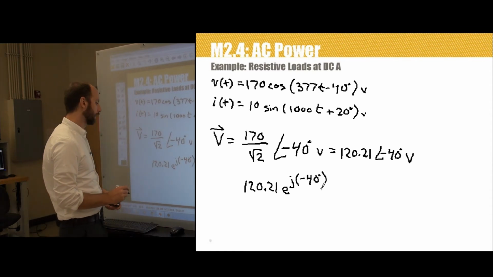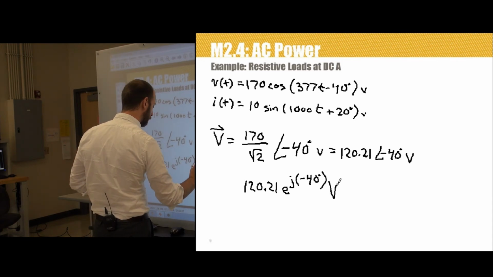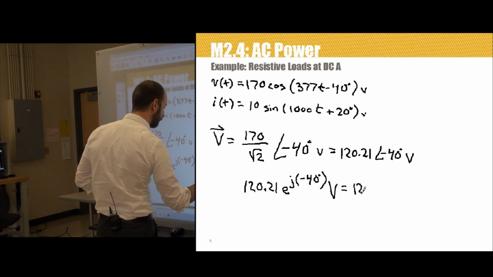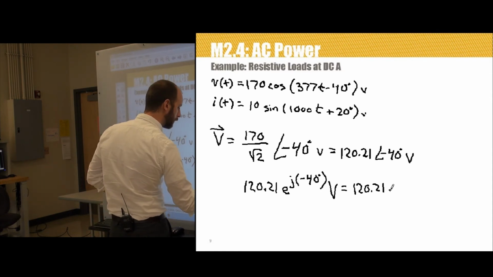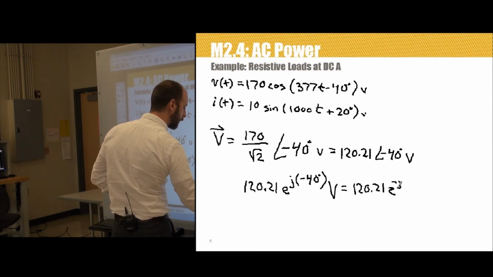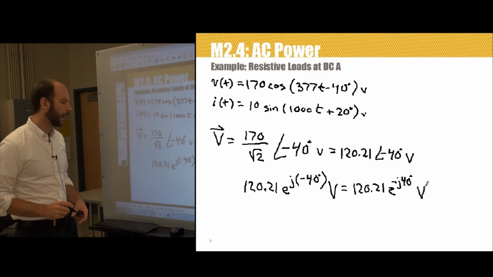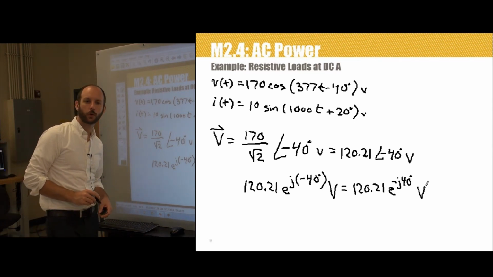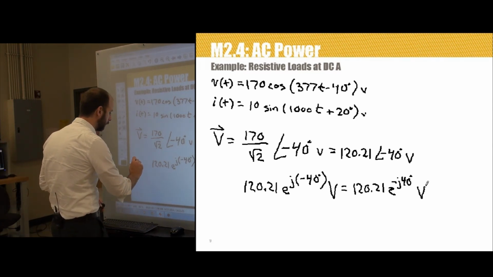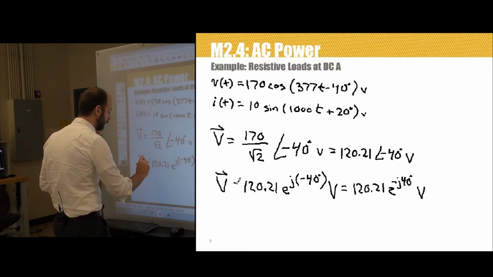Right? And that again is volts. So we would write that as 120.21 e to the minus j 40 degrees volts.